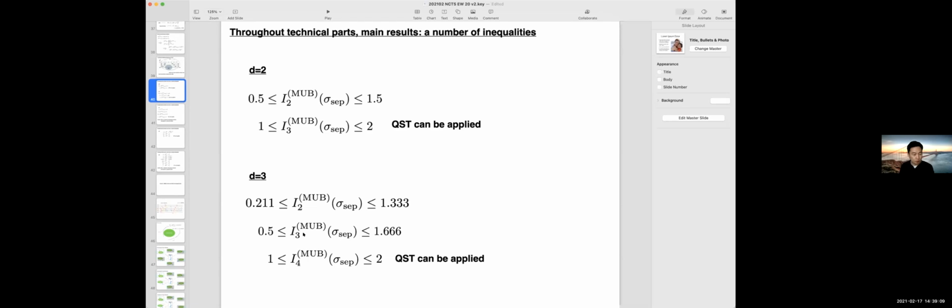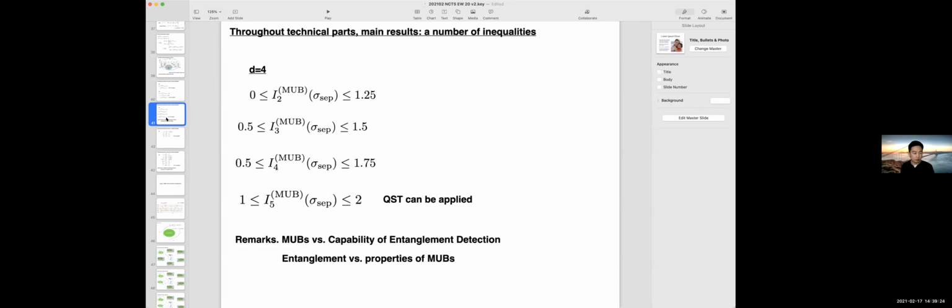If you apply one more MUB in the measurement, then you can detect a larger set of entangled states, and with one more, you perform state tomography, and then you verify all entangled states. Okay, and dimension 4 we can do the same. So you see the behavior: here tight, and less tight, and less tight, and less tight.